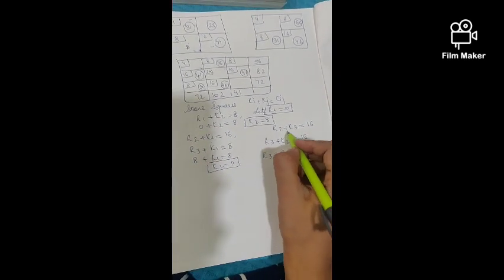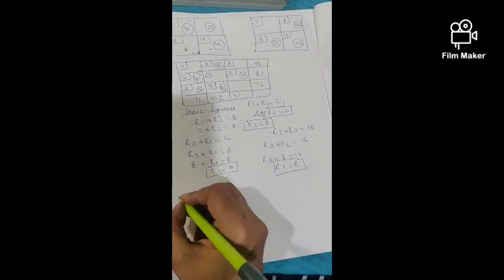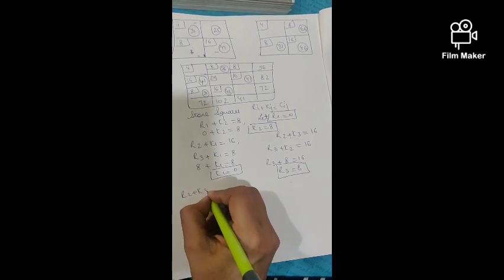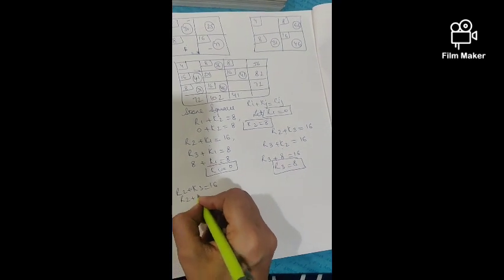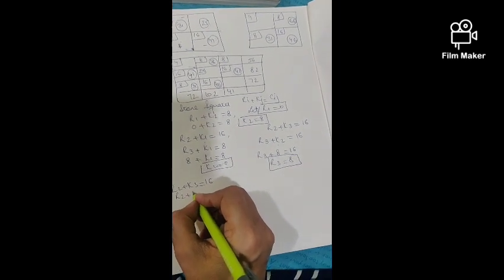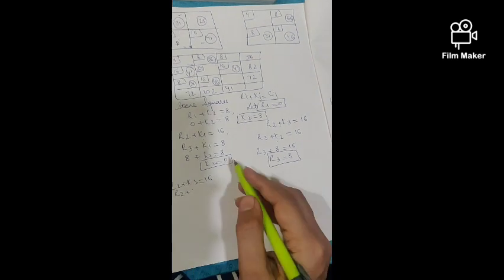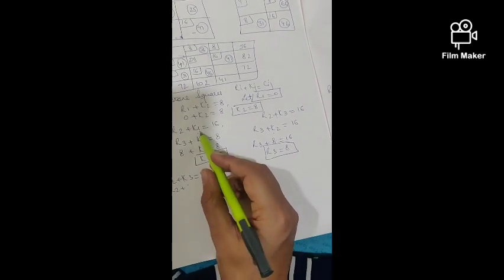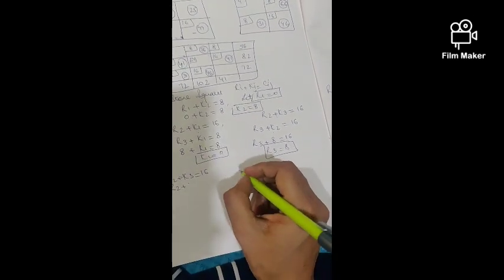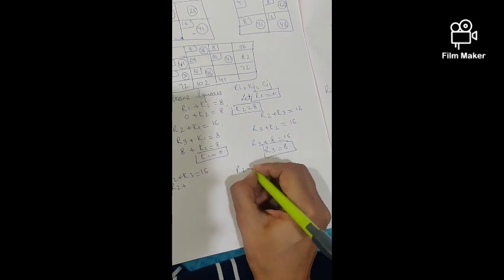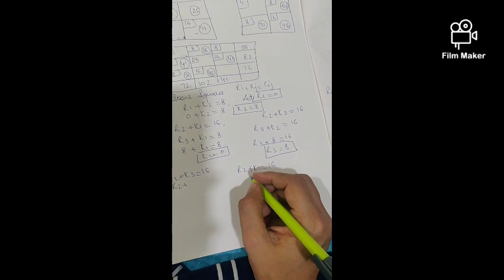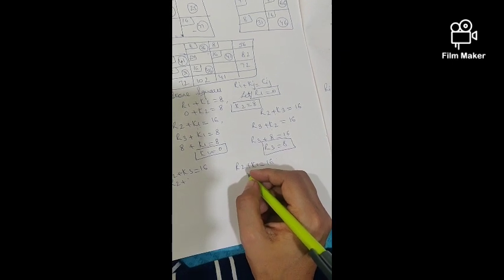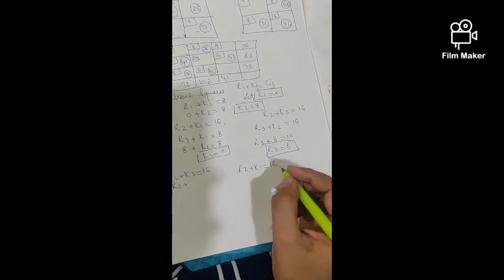Then we were again left with this one. R2 plus K3 is equals to 16. We don't have R2 with us, we have K3. We were again left with R2 plus K1 is equals to 16 also, so we'll have to calculate this first.